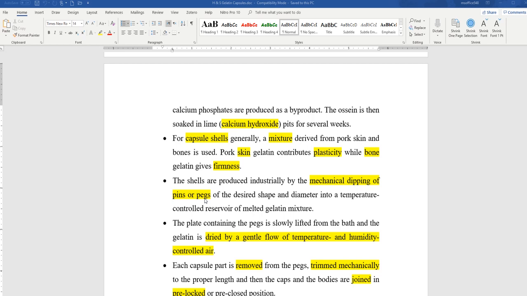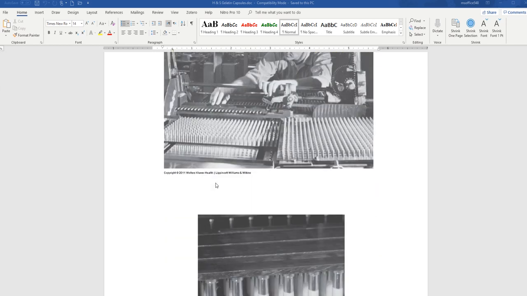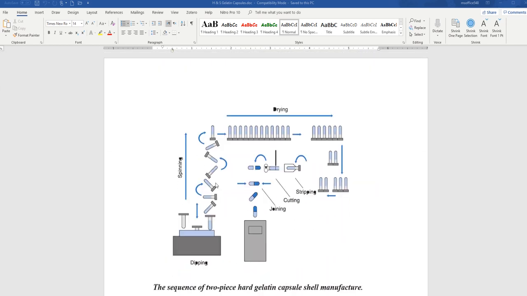So, in order for me to explain it to you, I will go to the following figure. Okay, look, this figure is very important. So, what happens? This is what you see here, okay, is a pin or peg, meaning like a finger, a finger-like projection. Here you have the plate holding many of the pins or pegs.